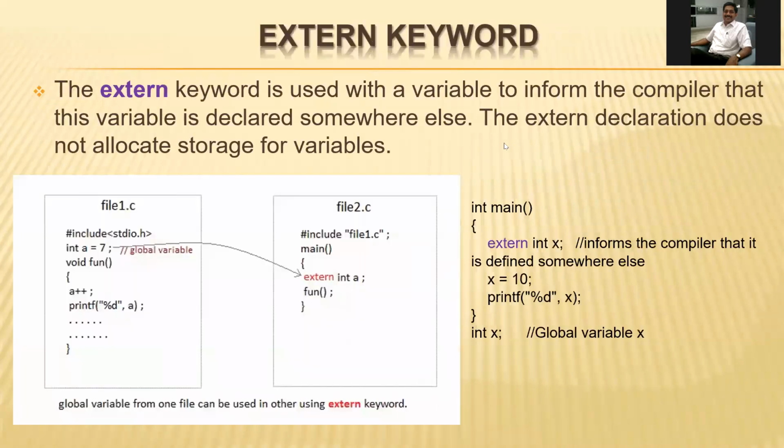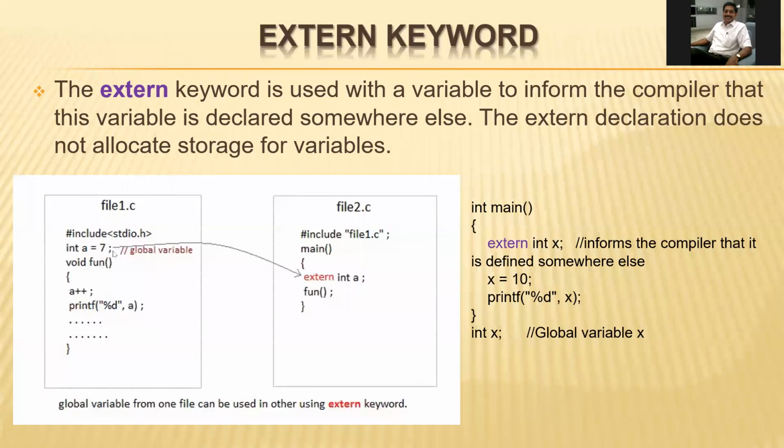So where can we use this extern keyword? Here the extern keyword is used with the variable to inform the compiler that this variable is declared somewhere else. So extern does not allocate the storage for variables. See here, file1.c, it is integer a equal to 7 here.